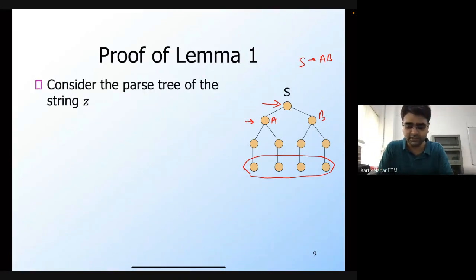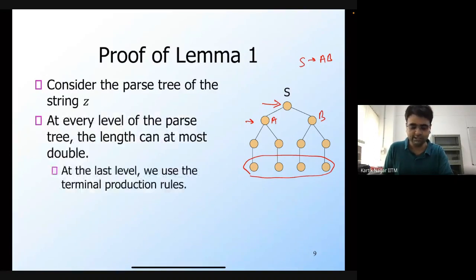So let's consider the parse tree for the string z. It is going to have this form, as I have just mentioned in the diagram. And at every level of the parse tree, the number of nodes that are present at that level can at most double. And let's say that we will only use the terminal production rules at the very last level.